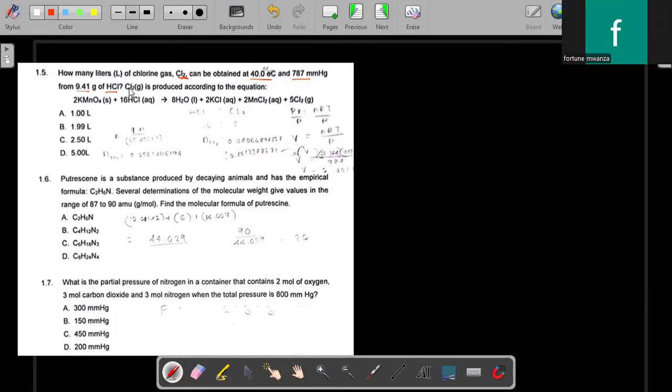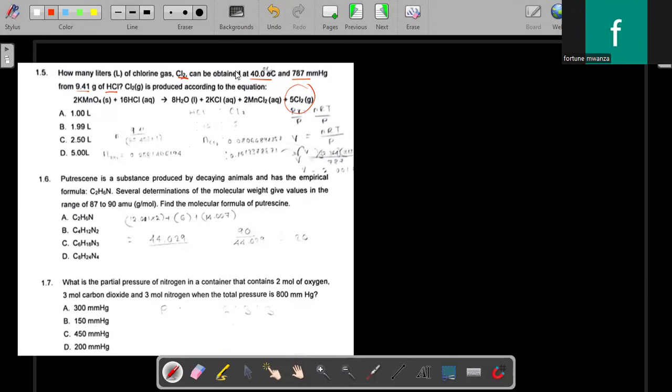They are saying the chlorine gas is produced according to the equation. So being given this equation on how the chlorine gas is produced, where your permanganate is reacting with the hydrochloric acid to give you water and potassium chloride and manganese chloride, and also chlorine gas, which you are obtaining. Now they're saying we have to calculate the volume.